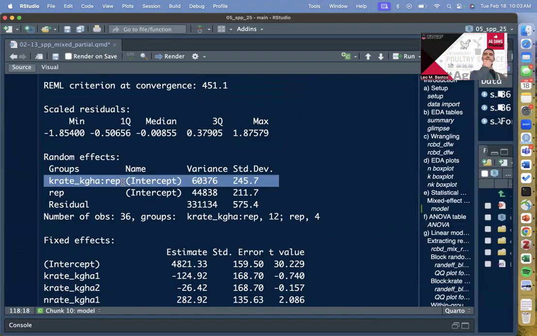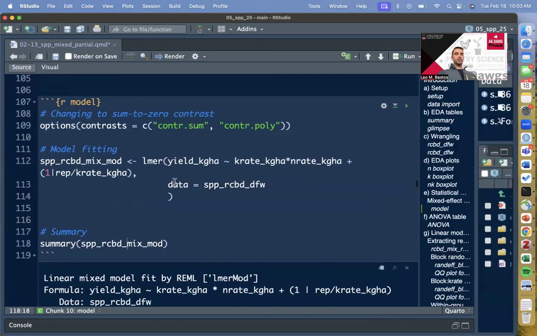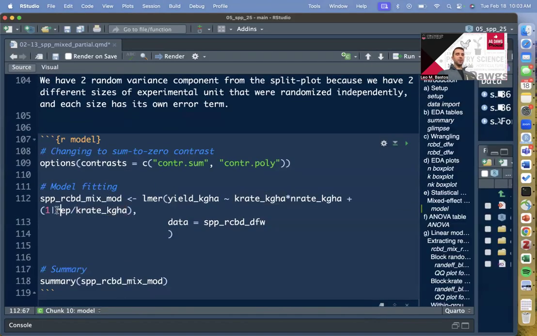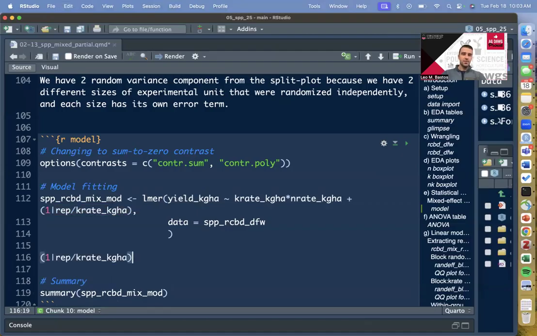Every time that we do nesting like this, really what this breaks into is the main effect of the largest piece. Behind the scenes this is basically the same as 1 rep plus 1 rep K rate kilograms per hectare.